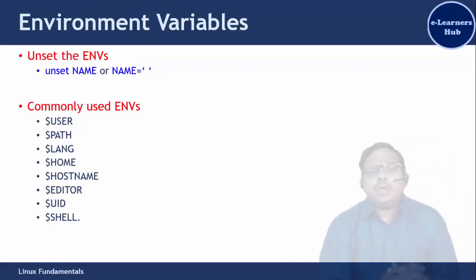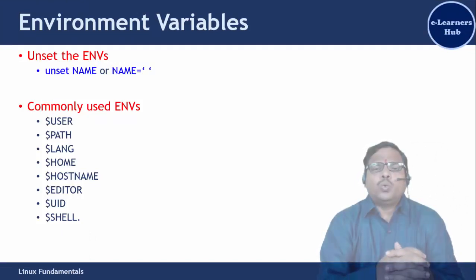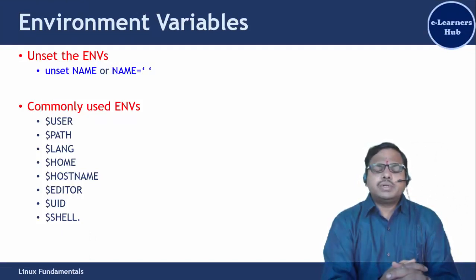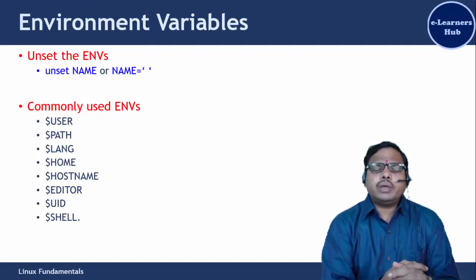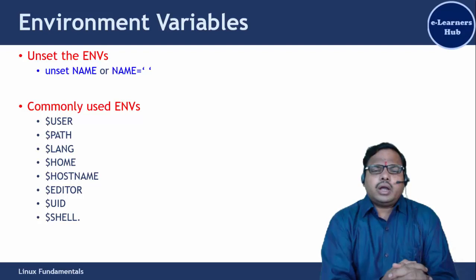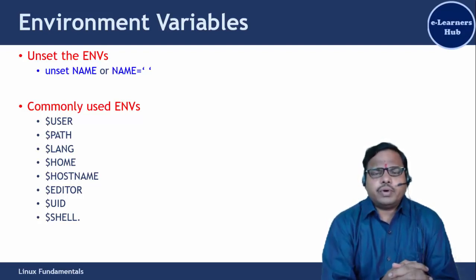This is how we work with environment variables. You can create global environment variables as well as local variables, and use those variables in your programs or wherever we need them in a Linux system.